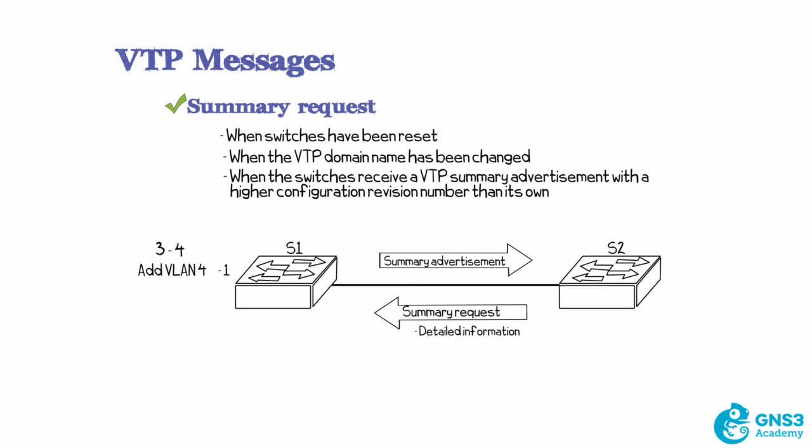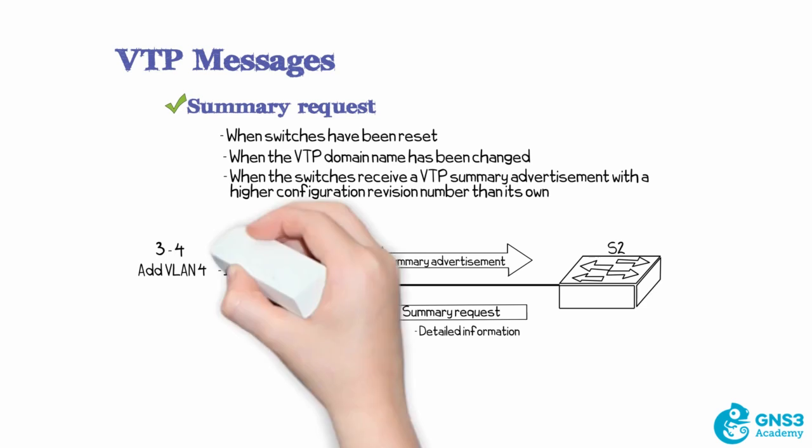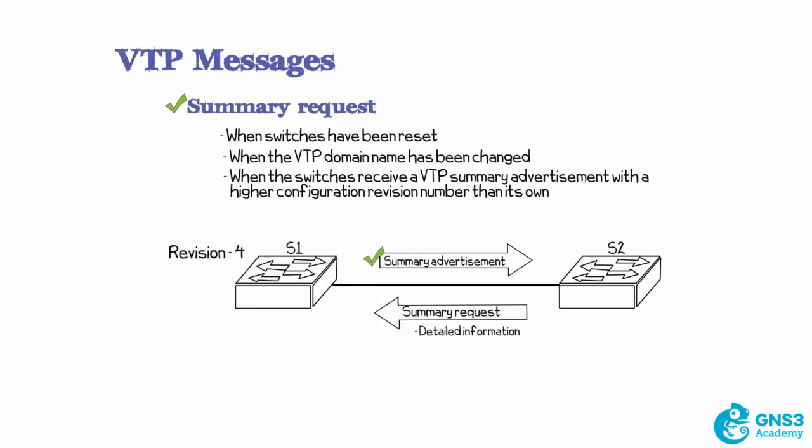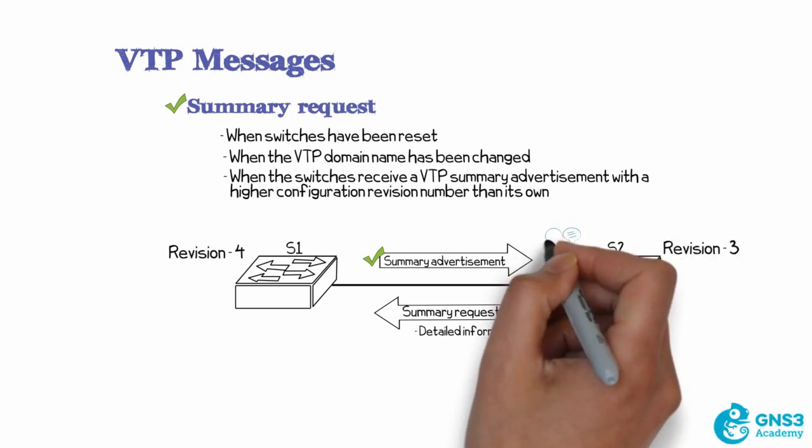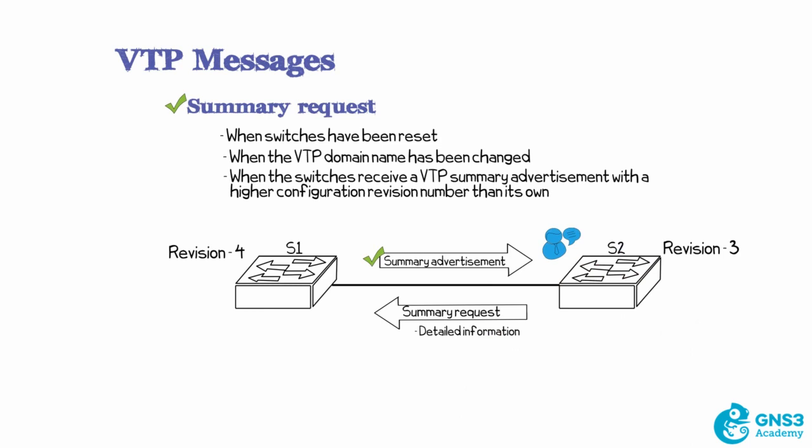So because switch 2 received a summary advertisement from switch 1 with a higher revision number, in other words, switch 1 was advertising a revision number of 4, and the local revision number on switch 2 is 3, switch 2 will now request information from switch 1 so that it can update its database with the latest VLAN information.